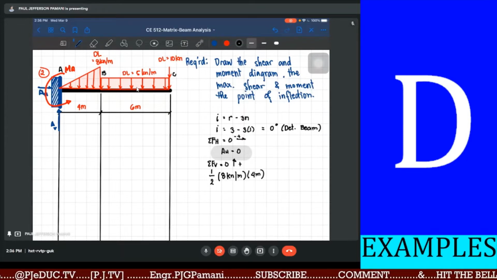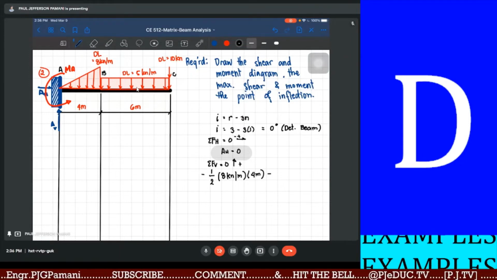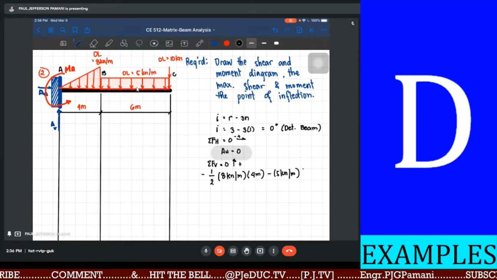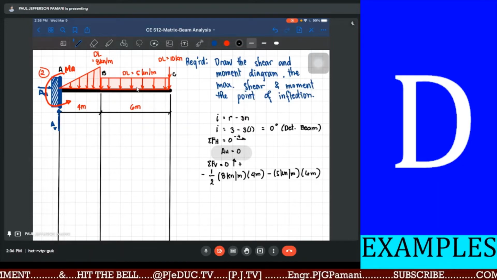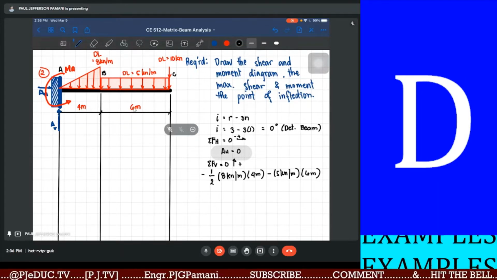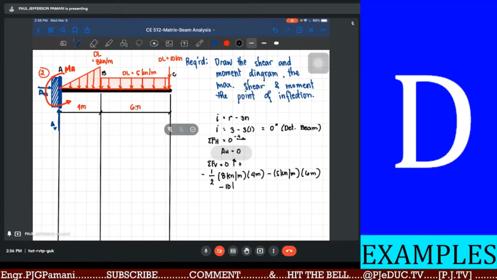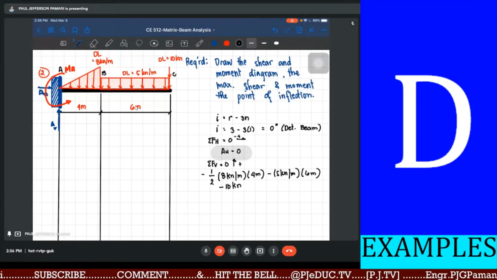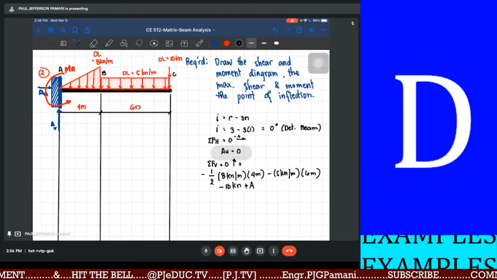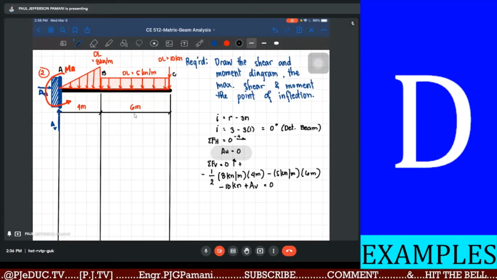Plus, lahat ay downward, so minus the uniformly distributed load, 5 kilonewton per meter at a span of 6 meters. So parang ano lang yan, rectangle, base times height. Then we have the concentrated load also directed downward of 10 kilonewton. Maliban na lang doon sa ating reaction at the fixed support vertical, AV, upward. Equal now to 0 to put the system in equilibrium.